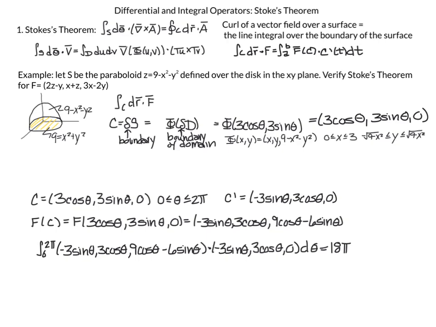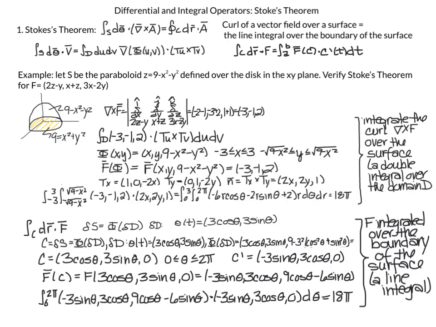Do the dot product and the integration, and you end up with 18 pi. What we have just finished is integrating f over the boundary of the surface, which was our line integral. And so you can see for both sides of the equation, we got the same answer and therefore have verified Stokes' theorem for this example.